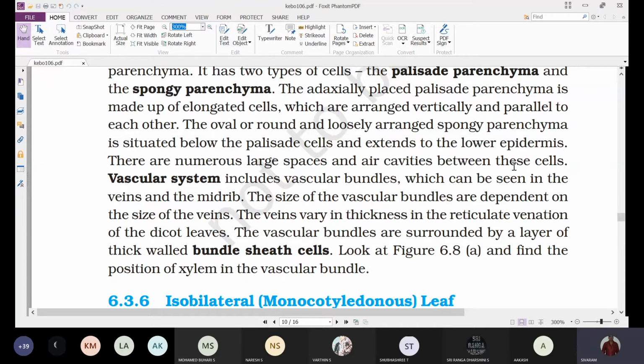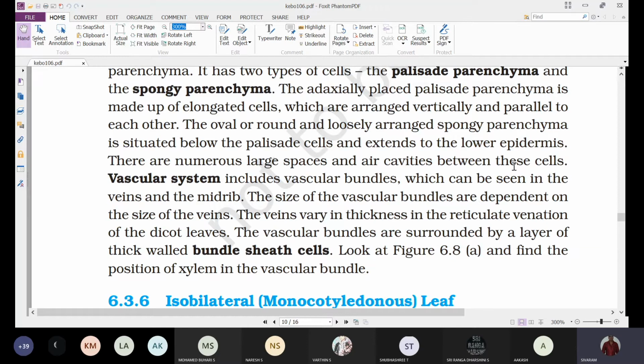And next, the veins. Wherever we observe the veins, at that region we can observe the vascular bundle or vascular system. The vascular system includes vascular bundles in the veins and the midrib. The size of the vascular bundle depends on the size of the vein.